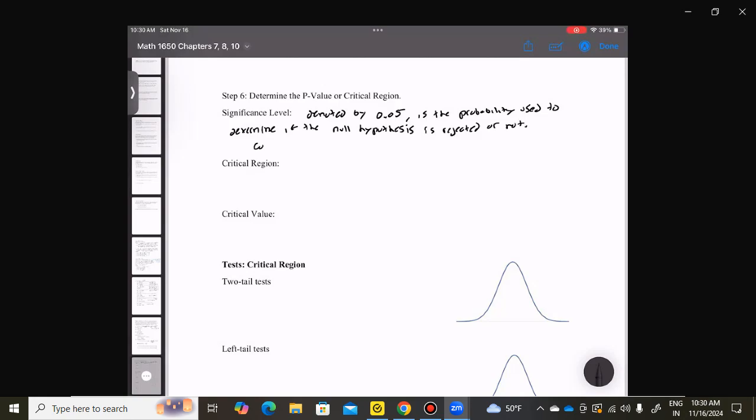And its common levels include 0.05, 0.01, or 0.1, but it doesn't have to be those.